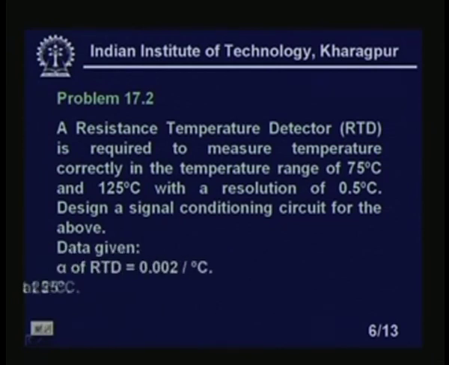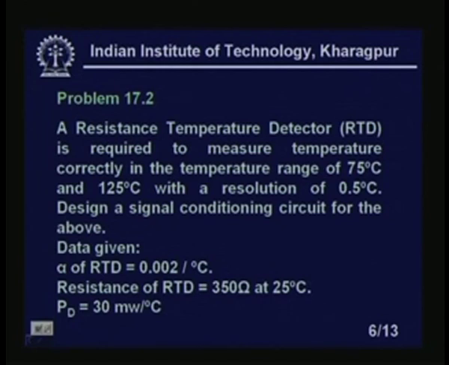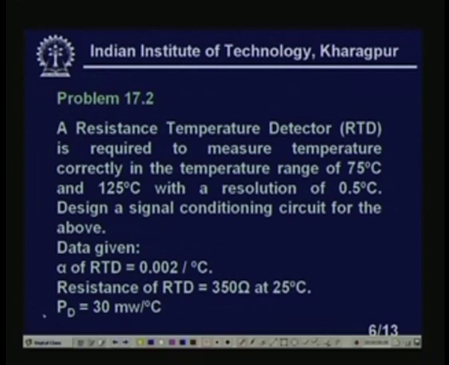They are that alpha, the temperature coefficient of resistance of RTD, is 0.002 per degree centigrade, and the resistance of RTD is 350 ohm at 25 degree centigrade, and the power dissipation factor we are using is 30 milliwatt per degree centigrade, right. So, this is the problem. Now, let us look at the solution, right. So, let me take a blank page.